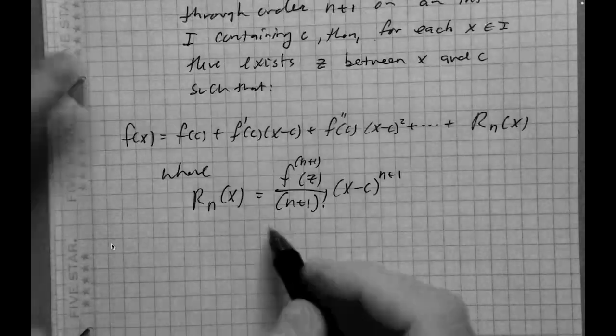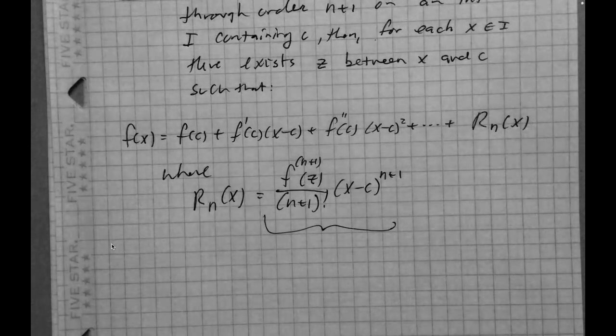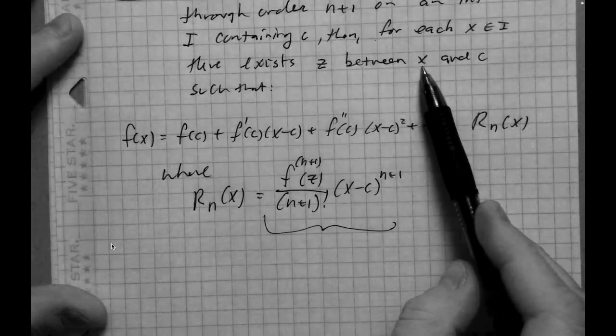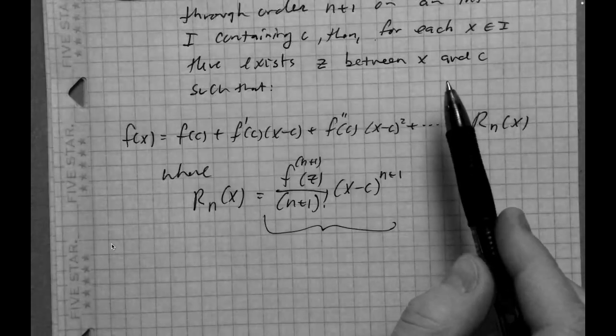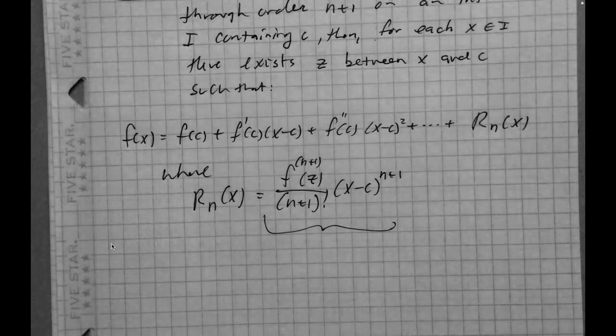Okay, so this is the form of the remainder, for some z. The z is not known. The z can be found, but for some z between whatever your value of x is and the center of the Taylor polynomial, the remainder is given by this statement.